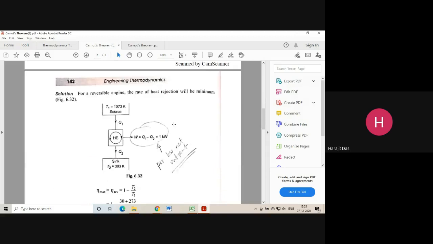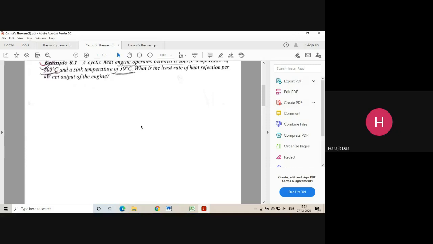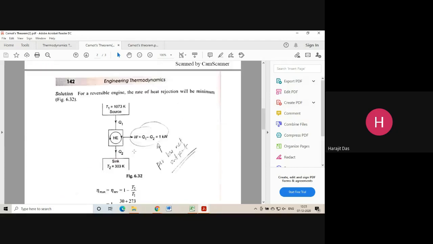So per kilowatt. We have taken that W will be Q1 minus Q2. Per kilowatt we will find the amount of this heat rejection, which means Q2. What is the amount of Q2 on this 1 kilowatt? Q1 minus Q2 will be 1 kilowatt, because we are asked to find per kilowatt, isn't it? So W equals Q1 minus Q2 equals 1 kilowatt.